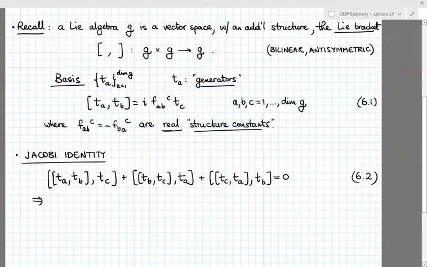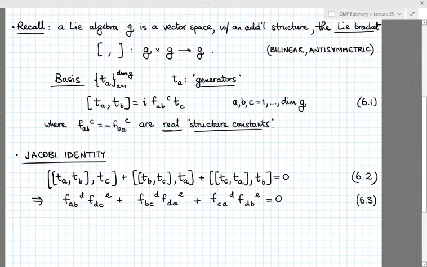So this, in terms of the structure constants, implies the following version of the Jacobi identity, that f_ABD f_DCE plus cyclic permutations of the ABC indices, so f_BCD f_DAE plus f_CAD f_DBE is equal to 0. If you haven't done this exercise before, please check that 6.2 implies 6.3.